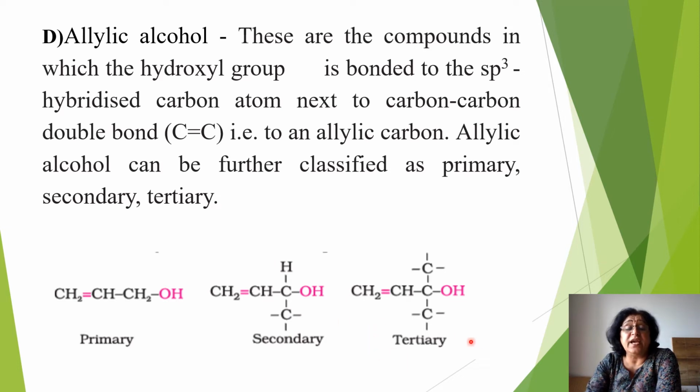The tertiary allylic alcohol contains the sp3 hybridized carbon attached to OH, two alkyl chains and one carbon double bond carbon. So when it contains two alkyl chains, it is tertiary. When it contains one alkyl chain and one H, it is secondary. When it contains both H, it is primary.